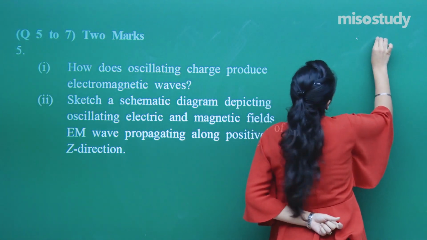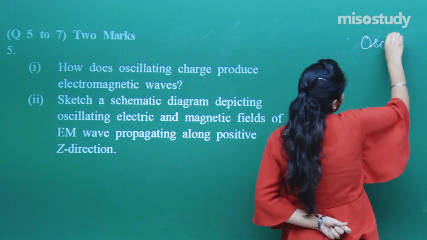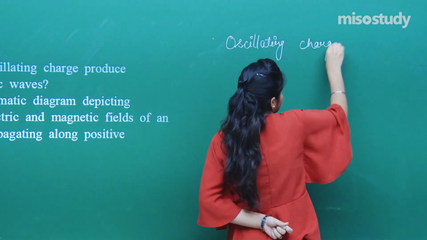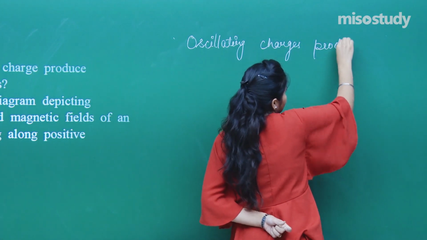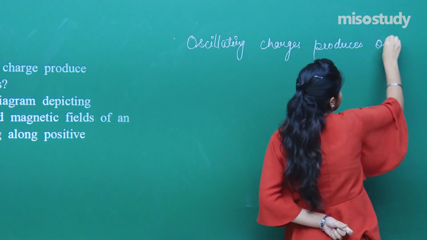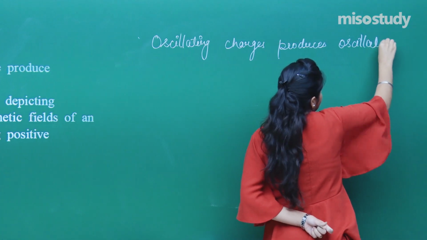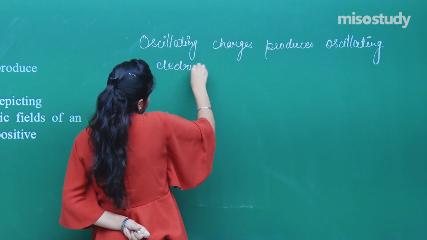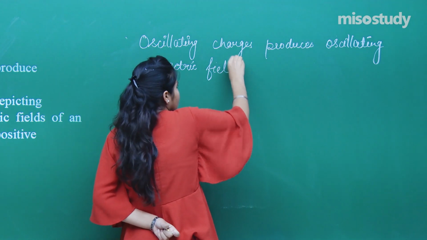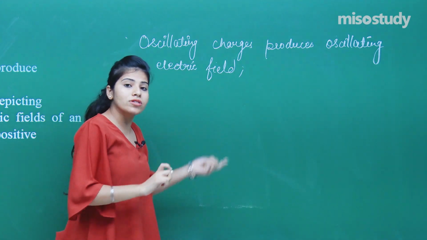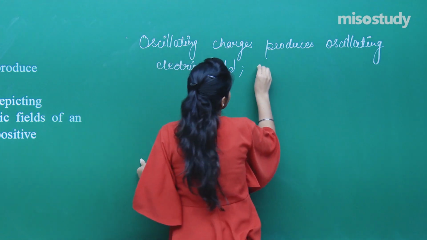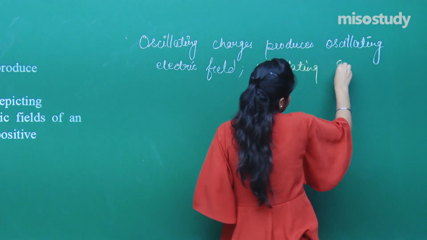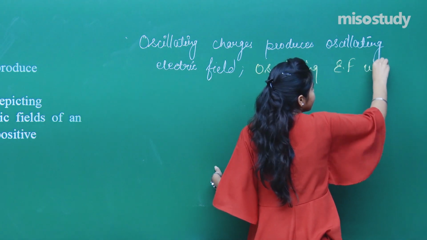So we can say oscillating charges produce an oscillating electric field. I am writing the electric field as EF.